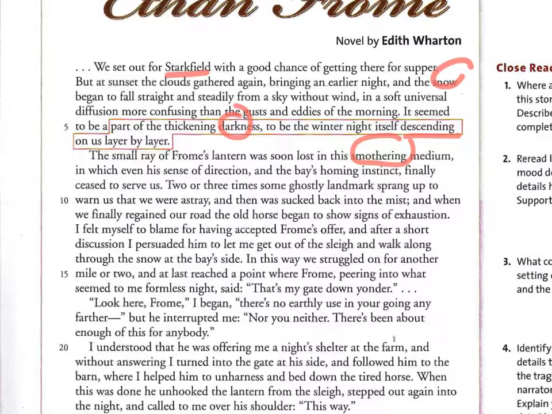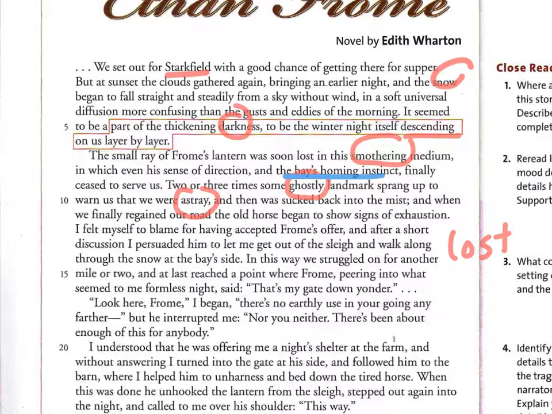Okay, I hope you saw that word ghostly and said, ah, that's mood. We were astray, we were lost. And if you didn't gather the meaning here, that's okay. Homing means finding your way.